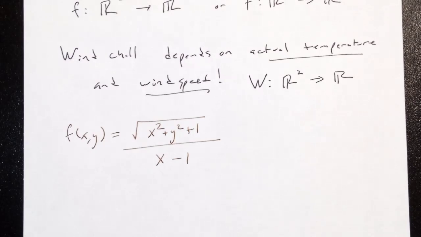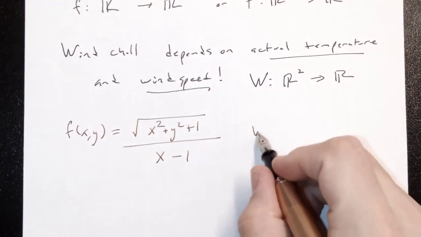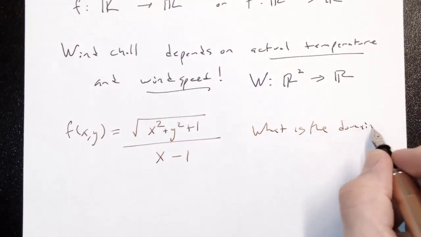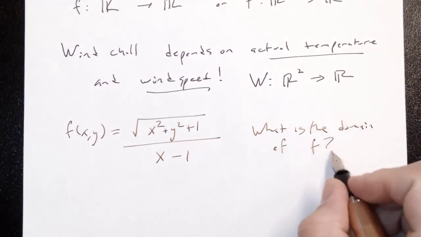It's not a region of the line from 1 to 7 or -5 to minus infinity. It's an actual physical two-dimensional region. So how would I find the domain of this function?